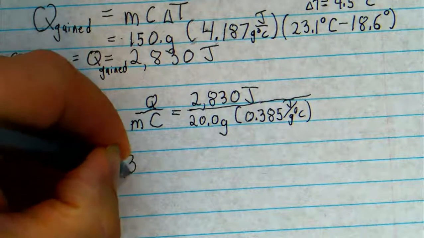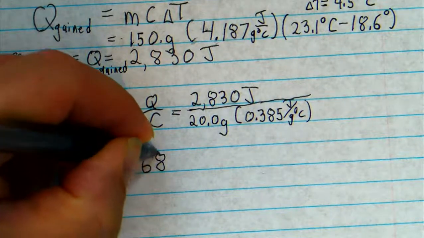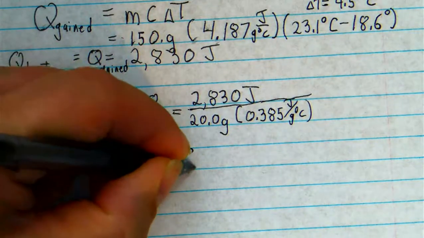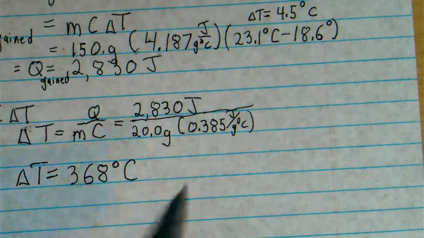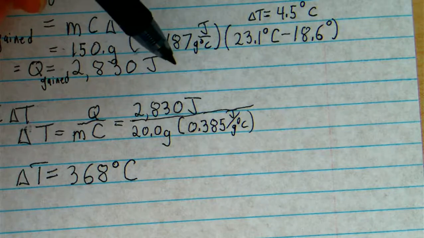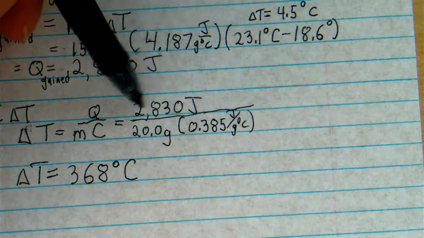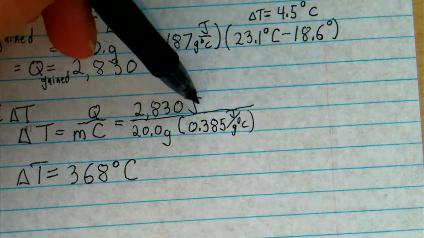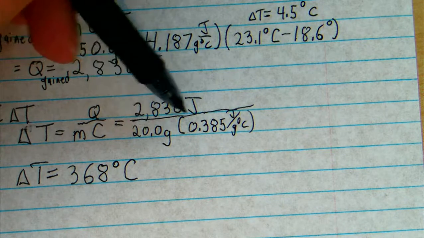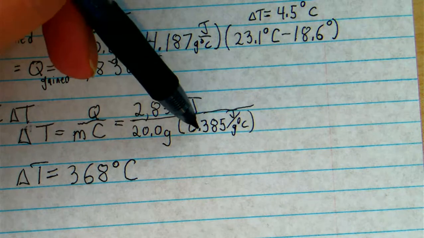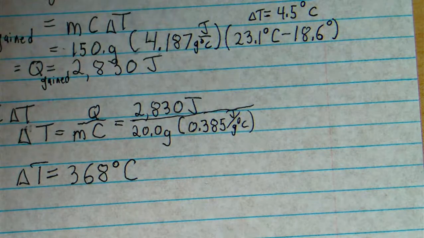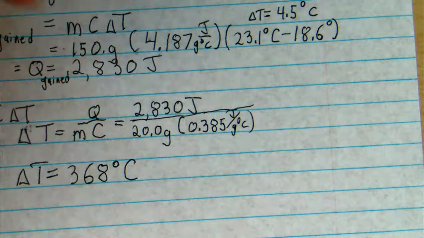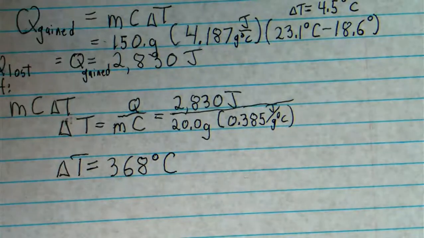I got 368 degrees Celsius because I plugged in these numbers right here. Into my calculator, I typed 2830, divide by 20, divide by 0.385, enter. If you were to do that, you would get this.